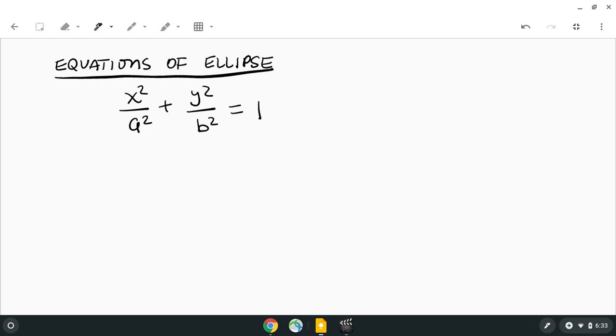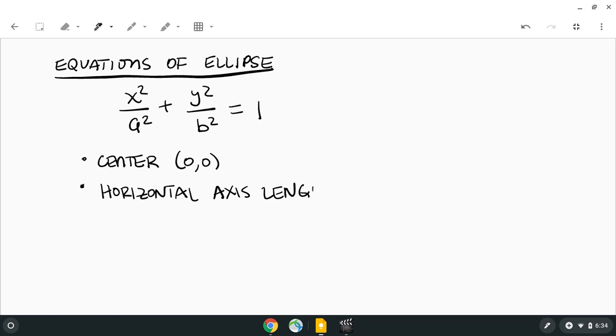When it's written in this form, we know a lot of things. We know that the center is going to be at 0, 0. We know the horizontal axis length. Horizontal is the x direction, so to find the horizontal axis length, we look at the denominator underneath the x.